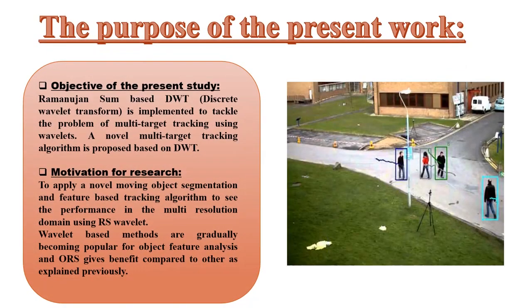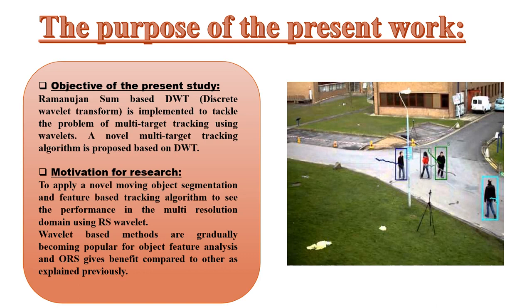A novel multi-target tracking algorithm is proposed, based on Ramanujan Sum based DWT. One of the main motivations behind the present work is to apply a novel moving object segmentation and feature-based tracking algorithm to see the performance in the multi-resolution domain using RS wavelet.